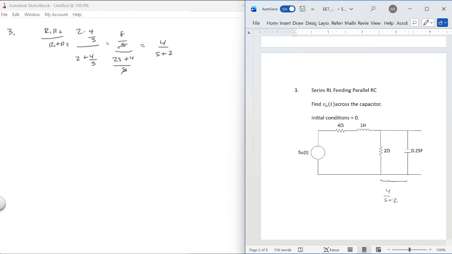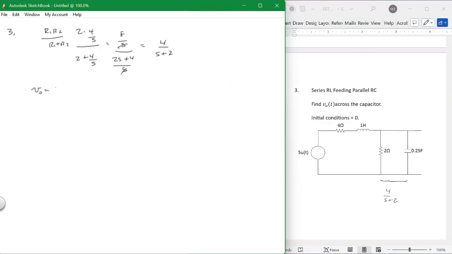So what is the voltage across the output? V out is equal to what? Voltage divider.